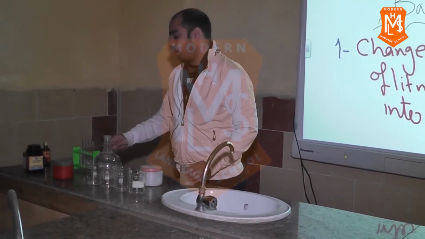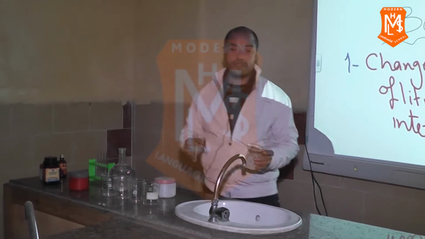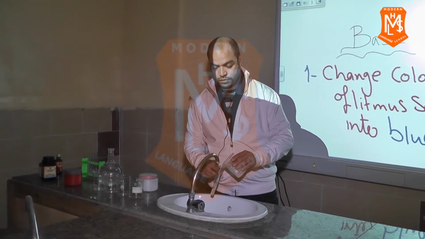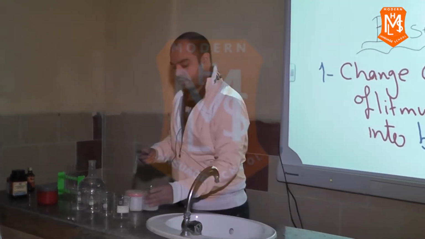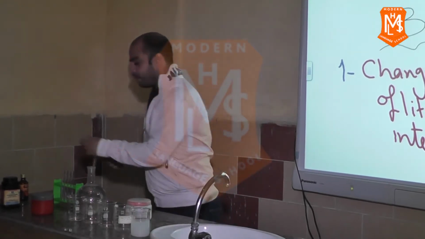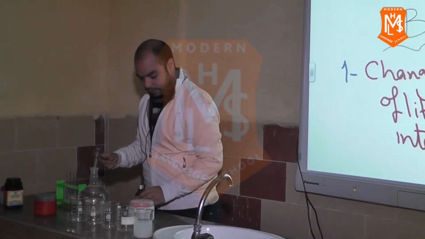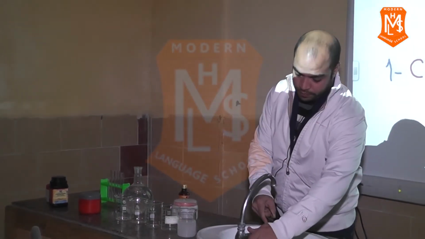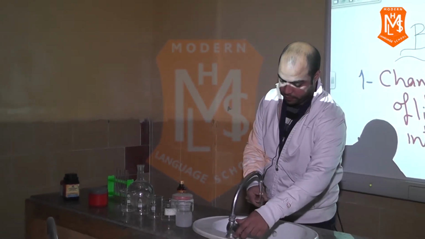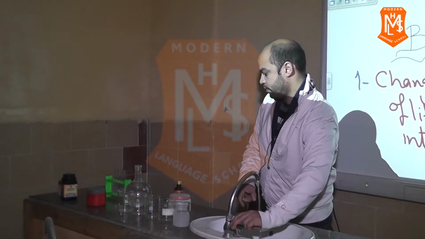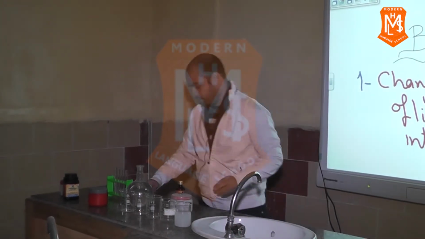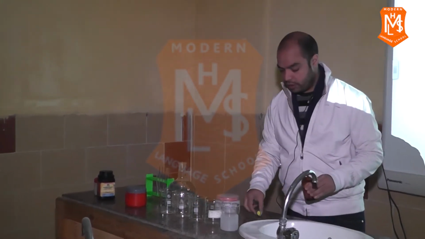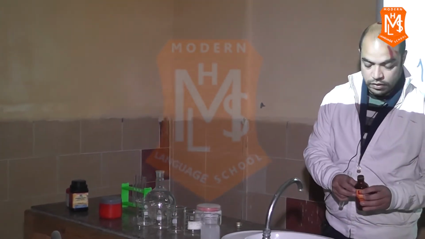Put some of the base in a test tube, then put litmus solution on the base. The neutral solution of litmus has a violet color.